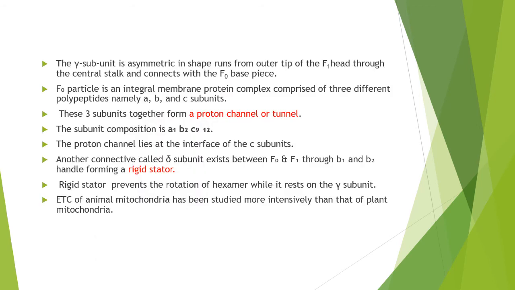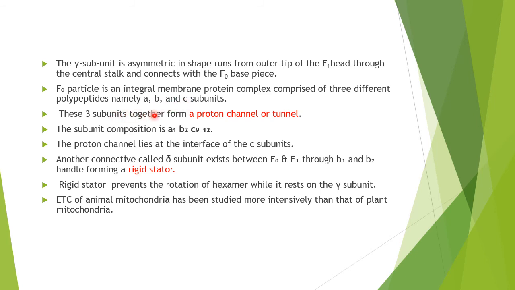This has a central hub which is asymmetric in shape. It runs from the outer tip of the F1 head through the central stalk and connects with the F0 base piece. The F0 particle is an integral membrane protein, as I have shown, comprised of 3 different polypeptides, namely A, B, and C subunits.